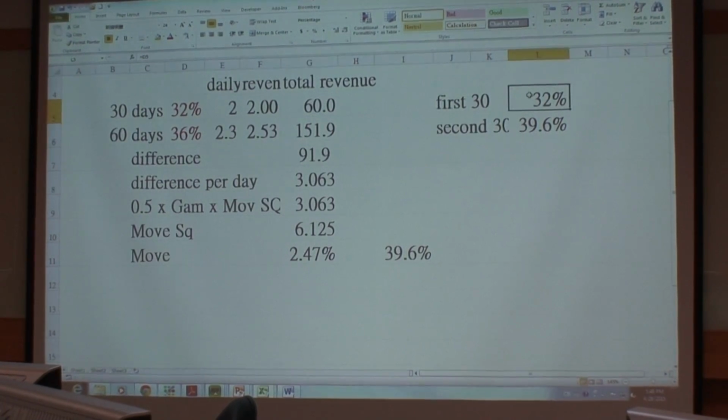And there you can see here, now in order to make volatility 32 for 30 days and volatility 36 for 60 days, if I put them next to each other, the first 30 days are vol 32 and the second set of 30 days are vol 40. So in this case, the excitement is expected in that second set of 30 days. So how can you see that? It's just like interest rate.